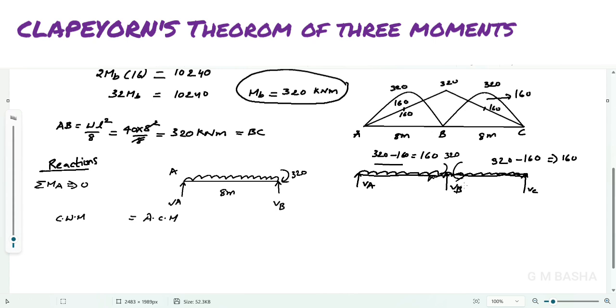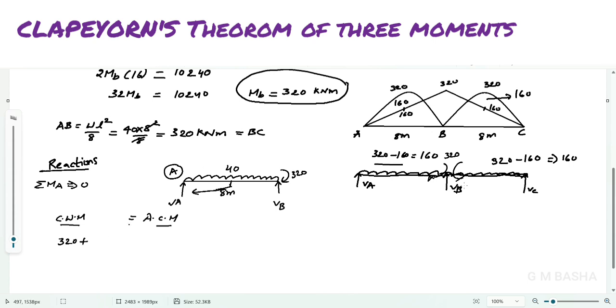So what about this condition? Taking moments about A means we have to resolve overall moments up to this point A. Clear? And again I am taking clockwise moments one side, anti-clockwise moments another side. See here, what are the clockwise moments acting towards A in the span AB? 320 kilonewton meter will be acting, and again the 40 kilonewton per meter load will be acting downwards, and we have to resolve up to A. For UDL, what about the formula?